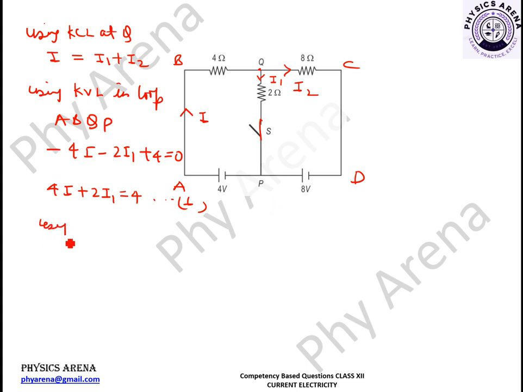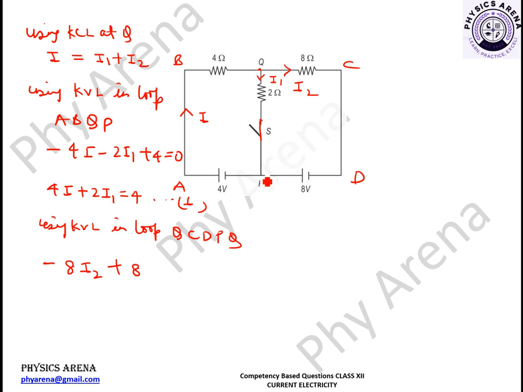Again, using KVL in loop Q, C, D, P, Q. So we are moving from Q to C, then C to D, then D to P, and P to Q. I2 is the current passing through the 8 ohm resistor. So minus 8I2, and we are entering this battery with the negative terminal, so plus 8.